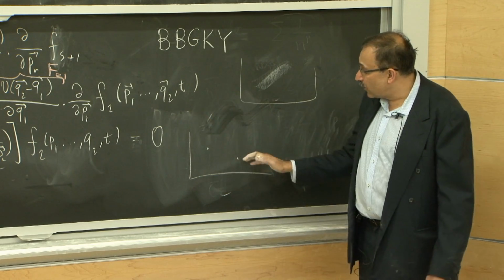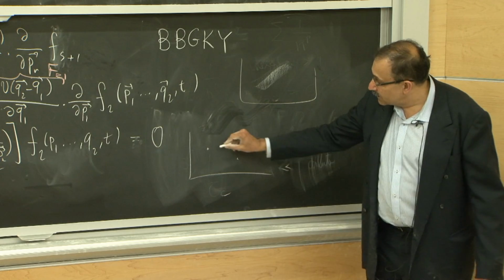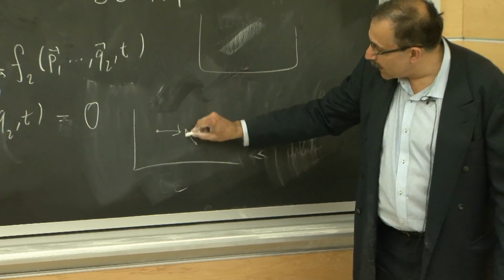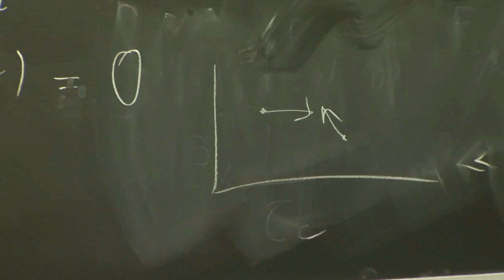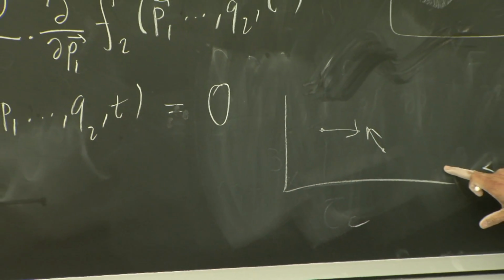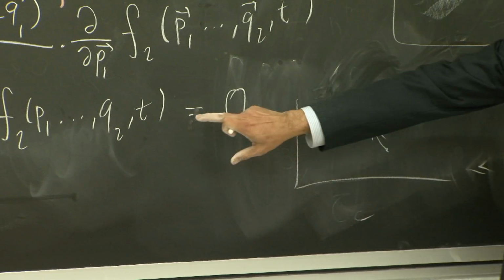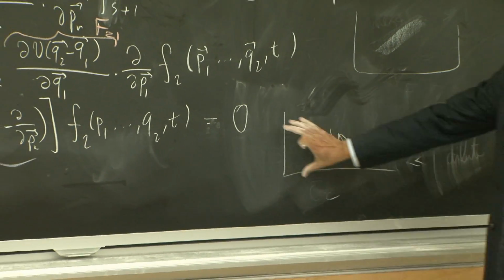So basically, in order to determine this, all you need to do is to have full knowledge of what happens if two particles come together, collide together, go away, all kinds of things. So if you have those trajectories for two particles, you can, in principle, build this density. It's still not an easy task, but in principle, one could do that.